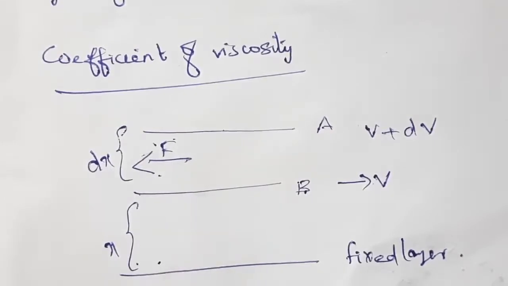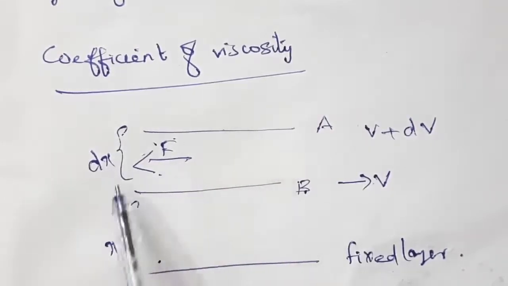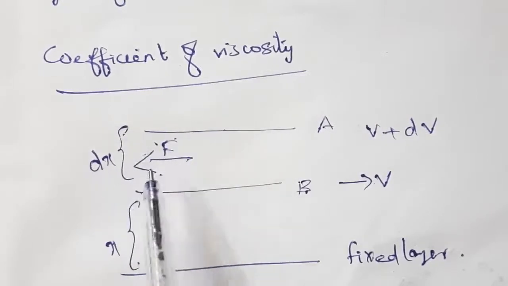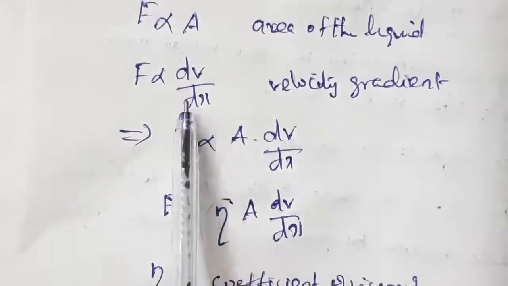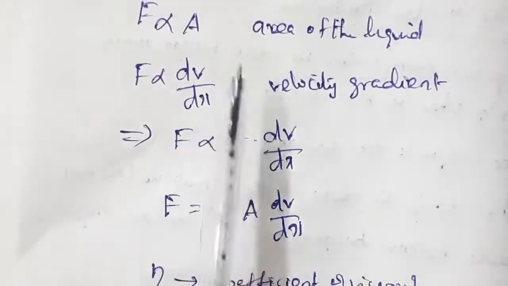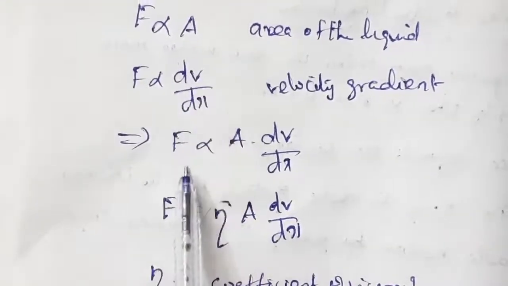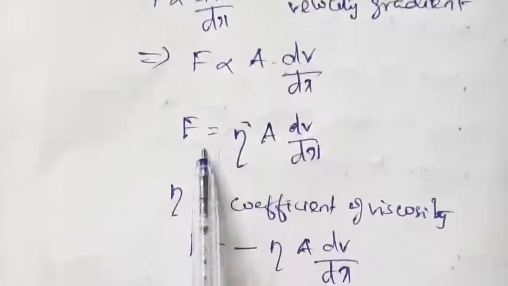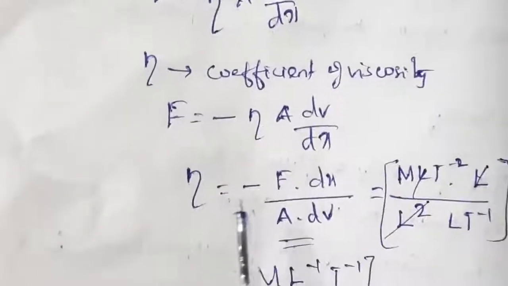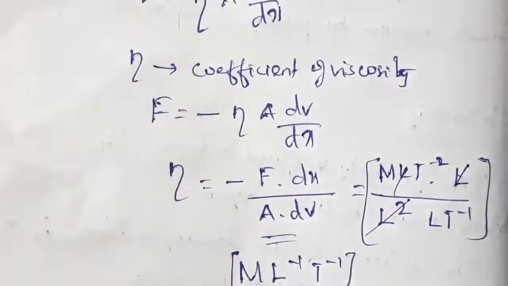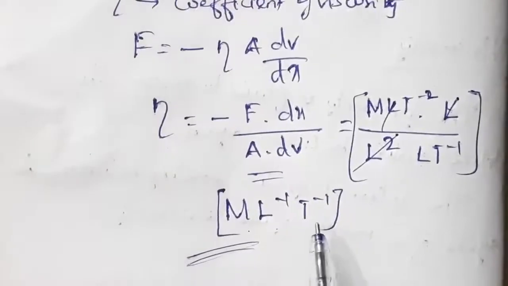This force is proportional to the area of the liquid and the velocity gradient dv by dx. So F equals eta into A into dv by dx. Eta is the coefficient of viscosity. The dimensional formula for eta is M L power minus 1 T power minus 1.